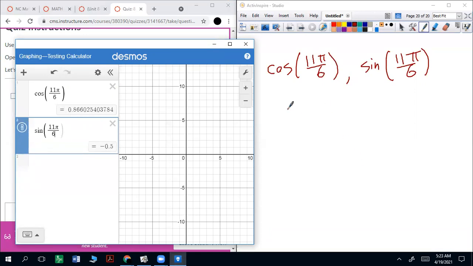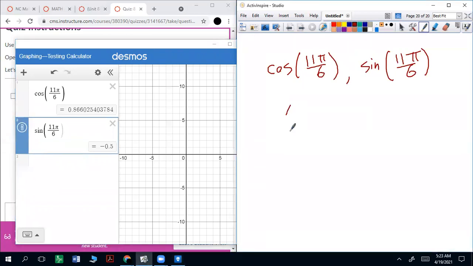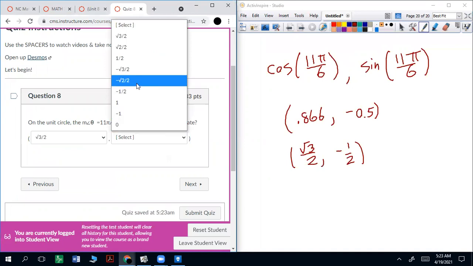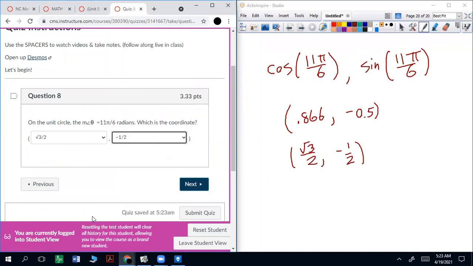So that's by design. 0.866 will always accompany a 0.5 or negative 0.5 or whatever. So we know this is the square root of 3/2, and then this is the negative 1/2. Sometimes the 1/2's first, sometimes it's last, but they always go together. So positive square root of 3/2 and negative 1/2.